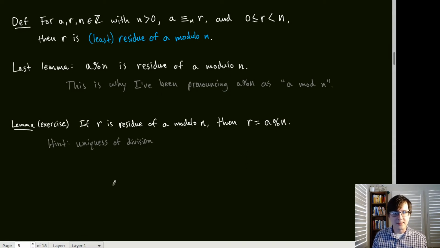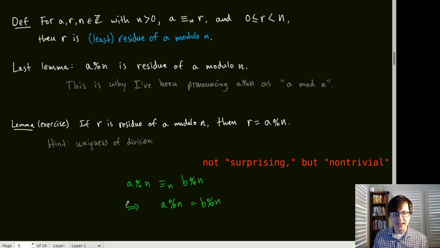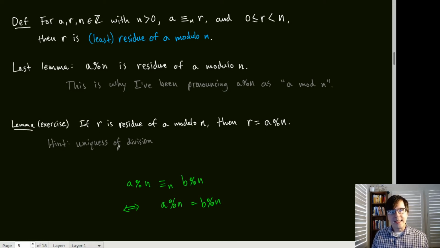So one thing this means is that if a mod n is congruent mod n to b mod n, then in fact a mod n equals b mod n. This is actually an equivalence, but it's the forward direction that's the surprising one, because whenever two things are equal, they are also definitely congruent. So that's an exercise in the uniqueness of division.